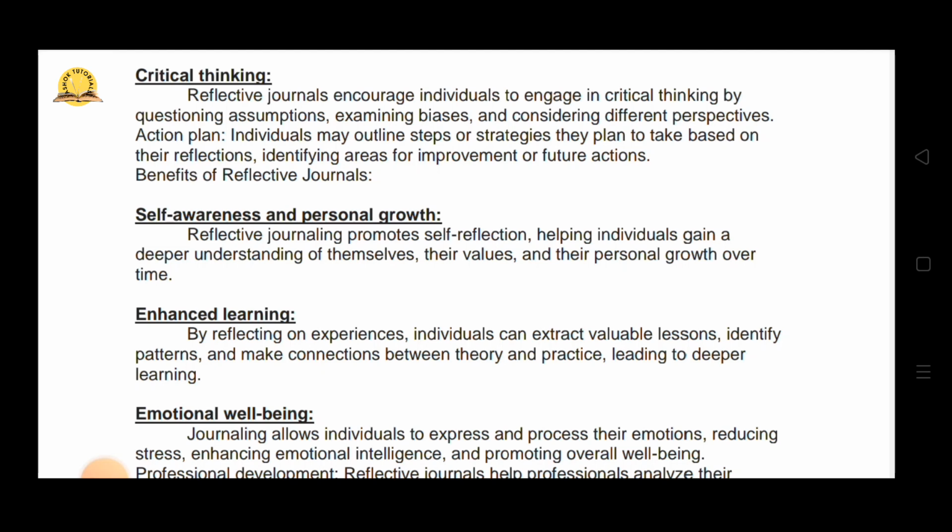Can you tell me why it happens, how it happens? That is more important. This is what is lagging in our children, right? This kind of critical thinking should be inculcated in the children.